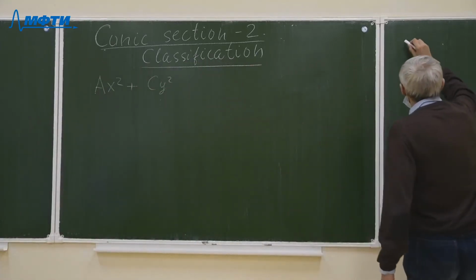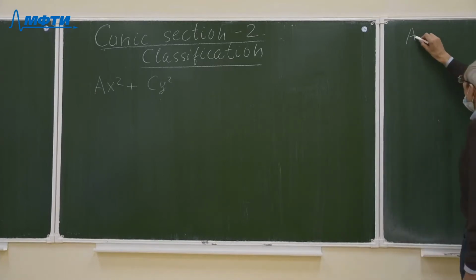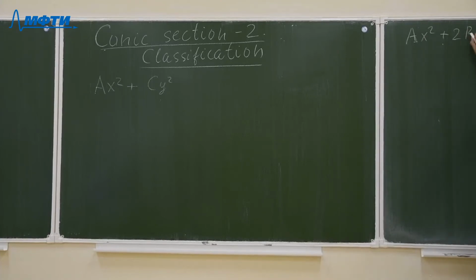I recall that in general, a conic section is a curve which is defined by the following equation.